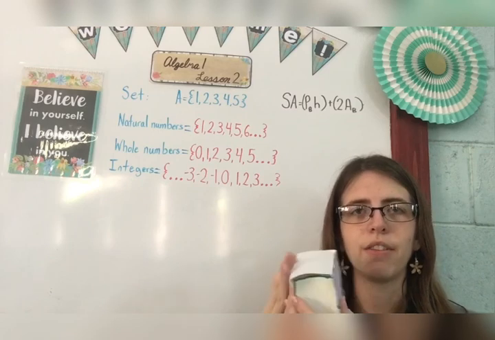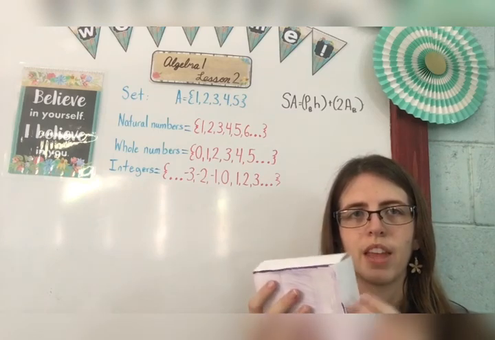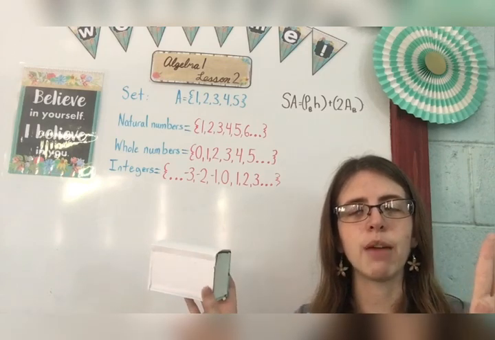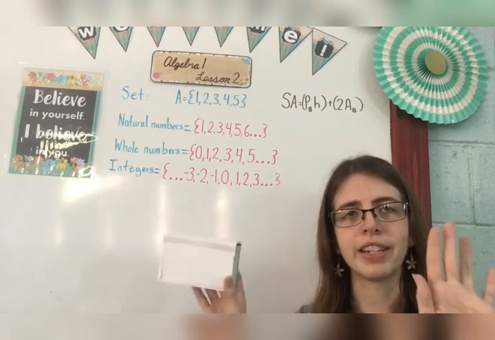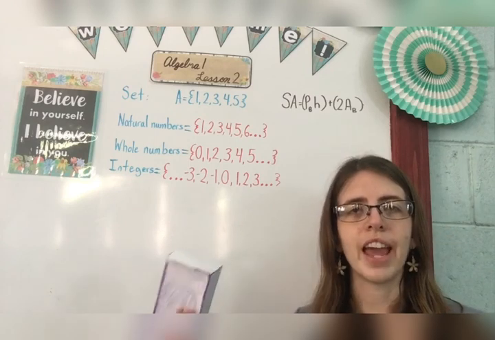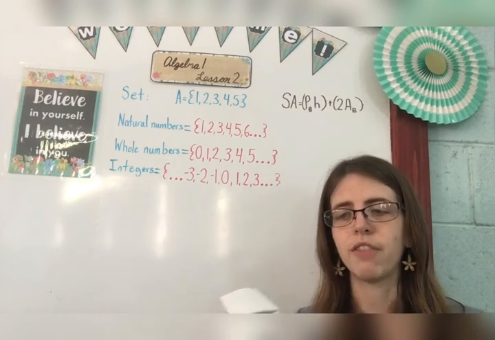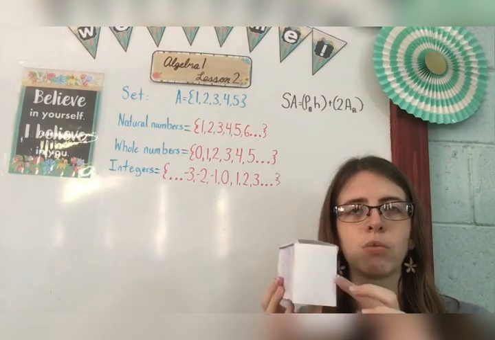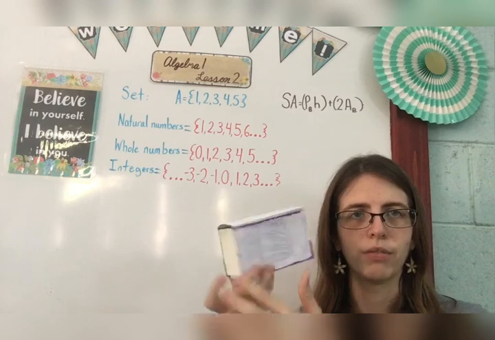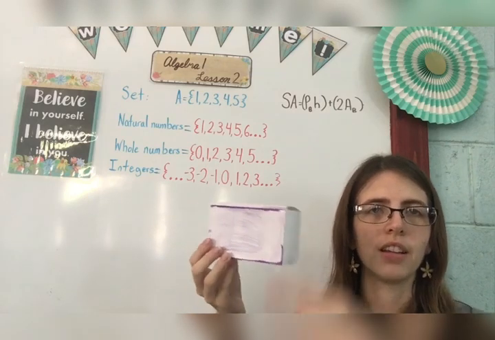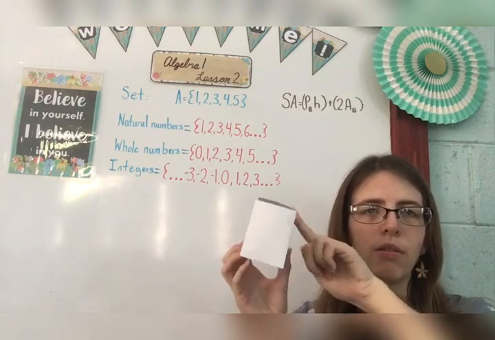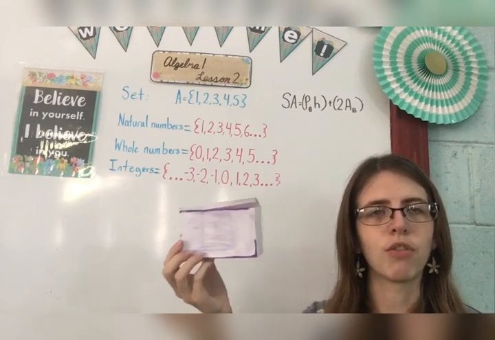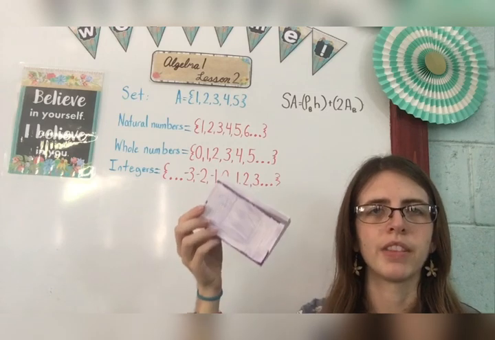Now for the rest of the faces of my shape, if I were to cut my shape right here and lay it out flat, it would just be one shape. It would be a rectangle. So to find the area of a rectangle, instead of finding the area of all 4 rectangles, you're just finding the area of it as one giant rectangle, okay? So to do that, you find the perimeter here, which would be the length, and the height, which would be the width, because remember that's the formula for the area of a rectangle.